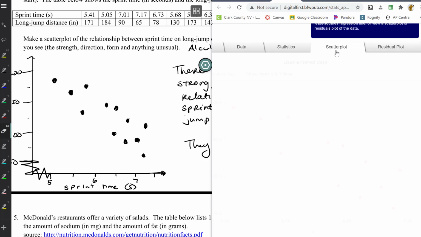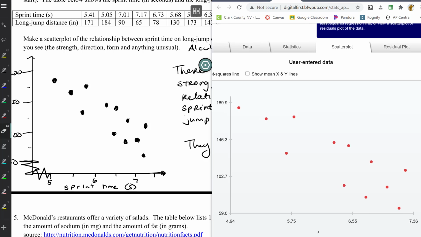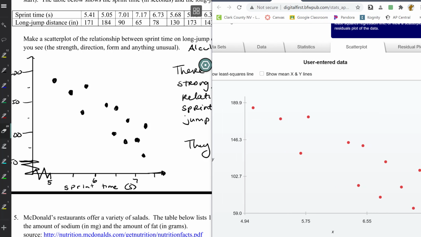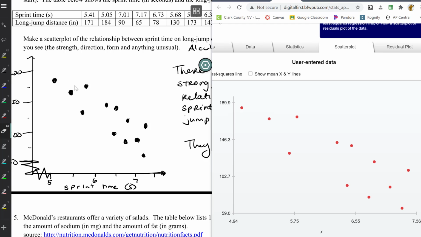If we click scatter plot now, you will see that you can make yourself a scatter plot using this online calculator. The scale is a little bit weird, you'll see, and it doesn't actually title the X and Y by their variable names because we didn't type them in. But you do see that it's the exact same kind of relationship and orientation as we saw on mine that I drew a few days ago.